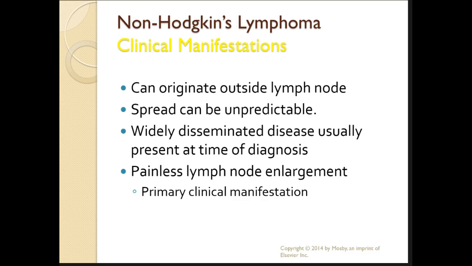Because the disease is usually disseminated when it is diagnosed, other symptoms are present depending on where the disease has spread to. Non-Hodgkin's lymphoma can also manifest in nonspecific ways such as an airway obstruction, hyperuricemia, and renal failure from tumor lysis syndrome, pericardial tamponade, and the patient can also have GI complaints.